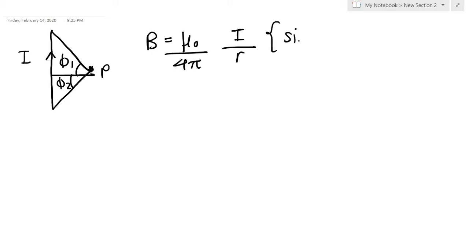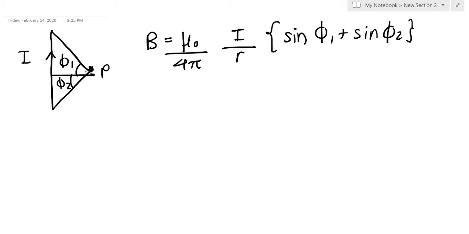So the formula goes like this, and the proof is long and rigorous. I mean, people have used the Biot-Savart Law and done some substitution. So directly the formula is mu naught by 4 pi I by R, sine of phi 1 plus the sine of phi 2.